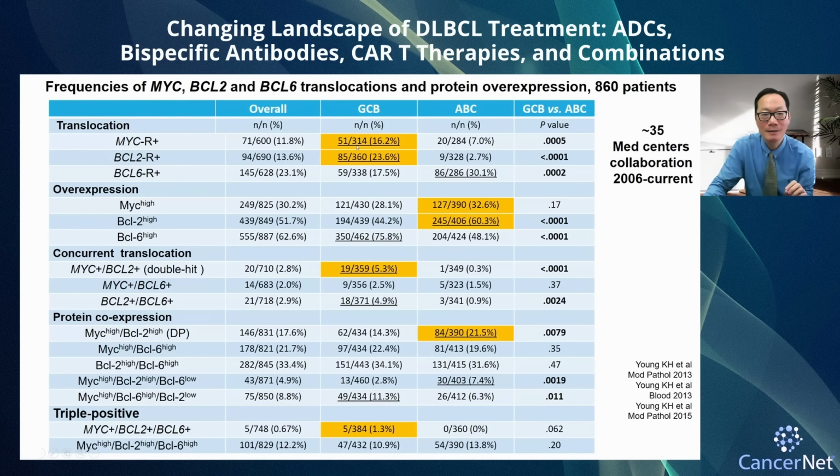Now, double hit is only seen in GCB patients, triple hit only seen in GCB patients, not seen in ABC, while double expressors are only seen in ABC patients, with statistically significant difference. So as we see here, genetic changes are commonly seen in the GCB, whereas the protein phenotypic changes are commonly seen in ABC patients. They show different distributions, rendering patients a different prognosis.